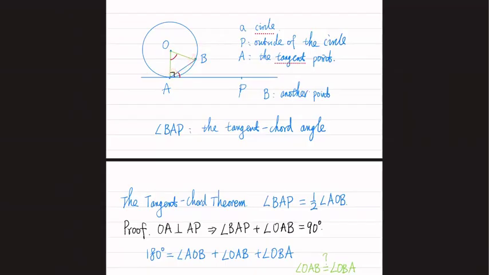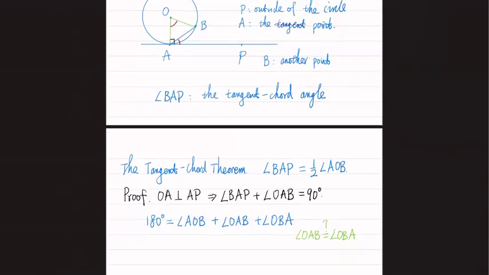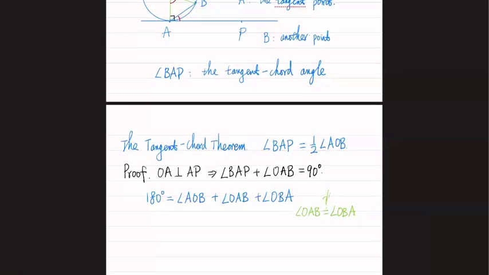Two angles are the same if this is an isosceles triangle. Is this an isosceles triangle? Yeah. Why? Because both OA and OB are radii. They both equal the radius, so it's isosceles. It's because OA equals OB.